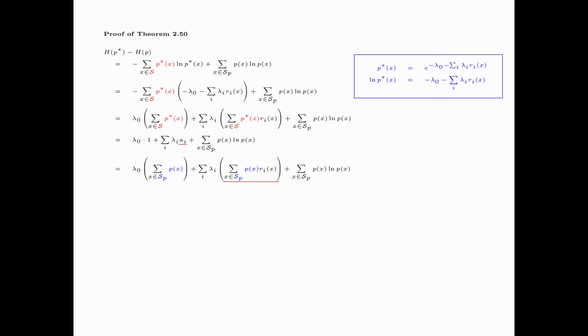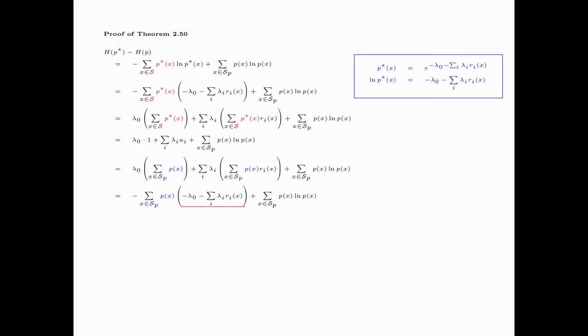In the remaining, we just inverse the operations in the second and the third steps of the proof. To recombine the first two summations into one, we first sum over x in SP, p of x. With this minus sign in place, we have minus lambda 0 minus summation I lambda I times Ri of x.